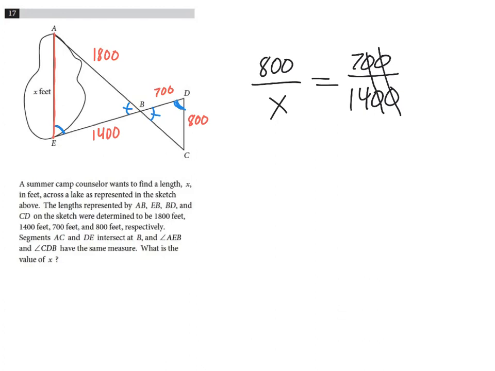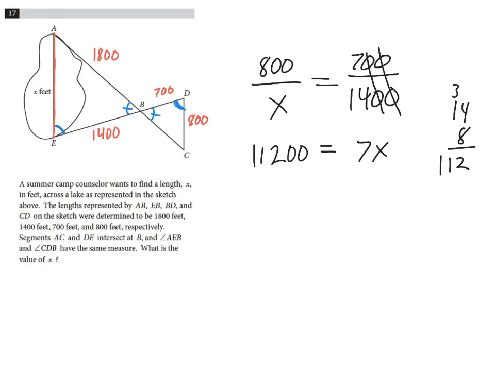Now if I cross multiply, multiply both sides by 14 and both sides by x, I'm going to get 7x on the right, and on the left, what's that going to be? Let's see, 14 times 8 is 112, and 2 zeros.